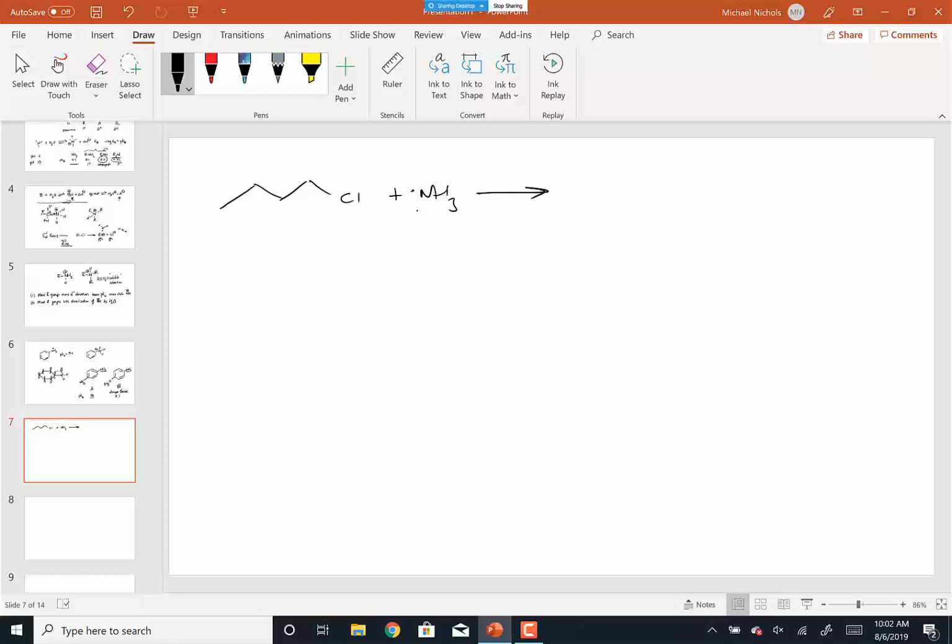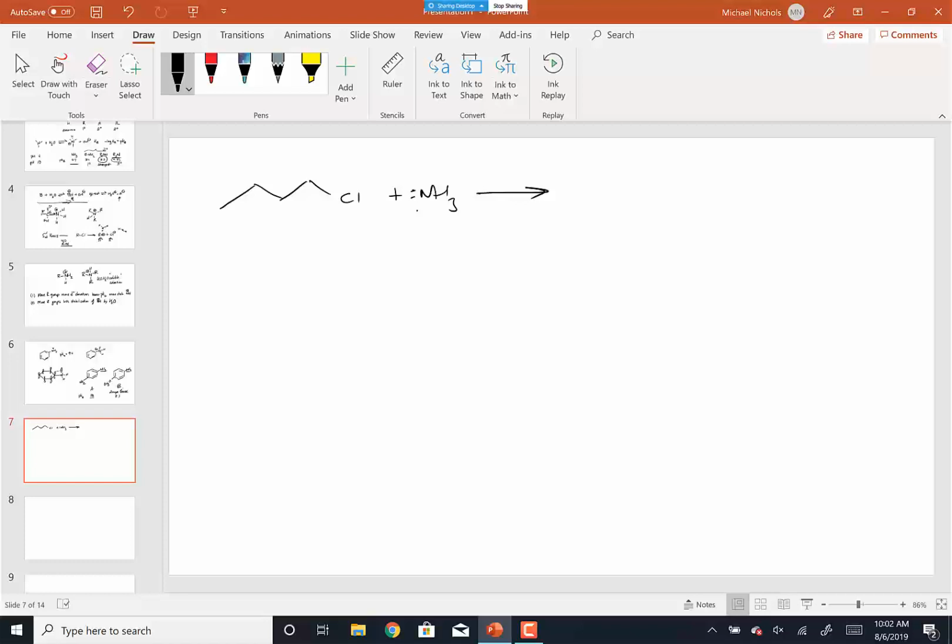Amine, ammonia, decent base, also decent. There's another phrase I've said over and over again. Strong base, strong nucleophile. So ammonia, strong base, but also a good nucleophile. Is it better than oxygen?